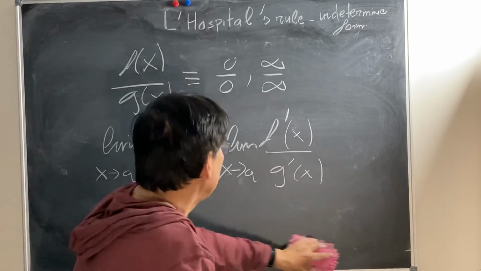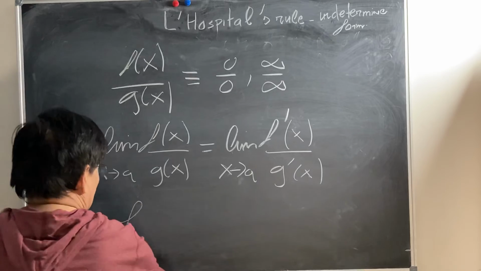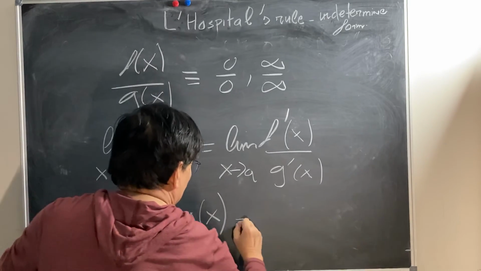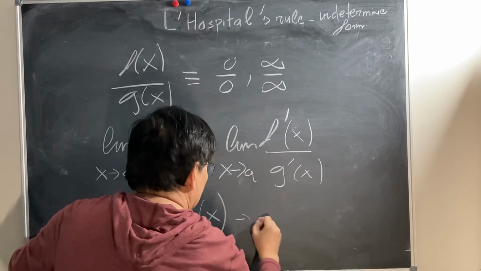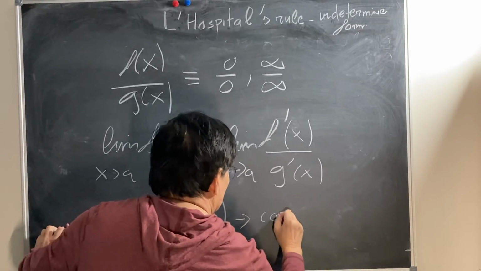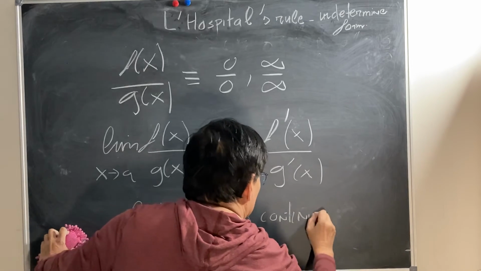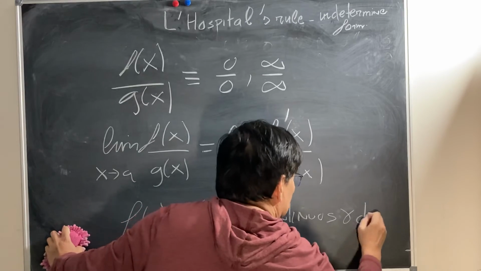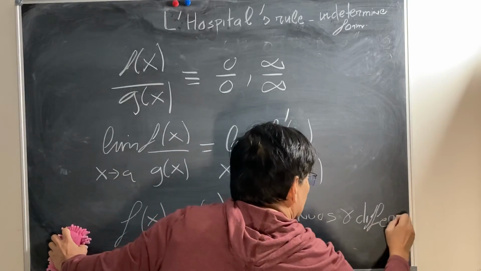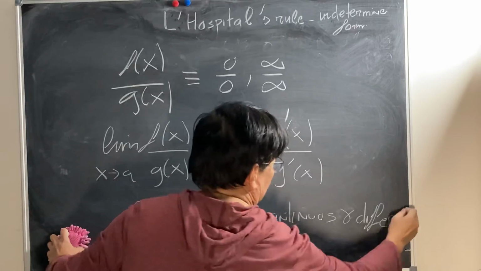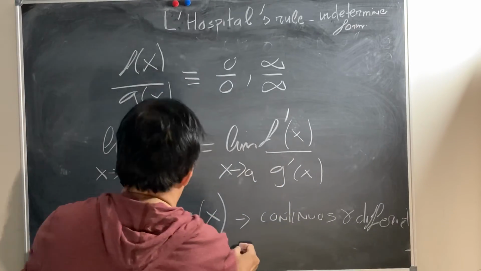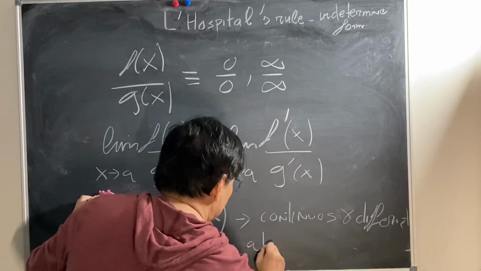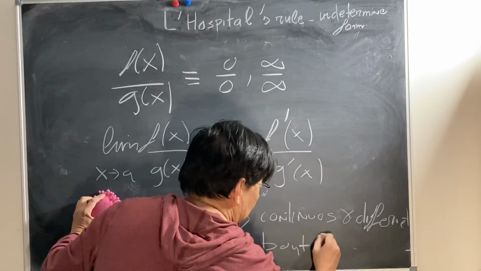And f(x) and g(x) must be continuous and differentiable around that point, about the limit point.